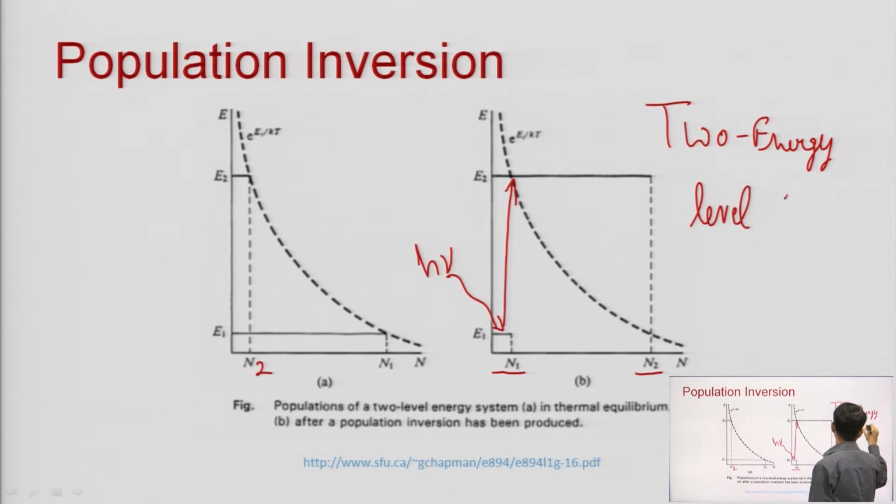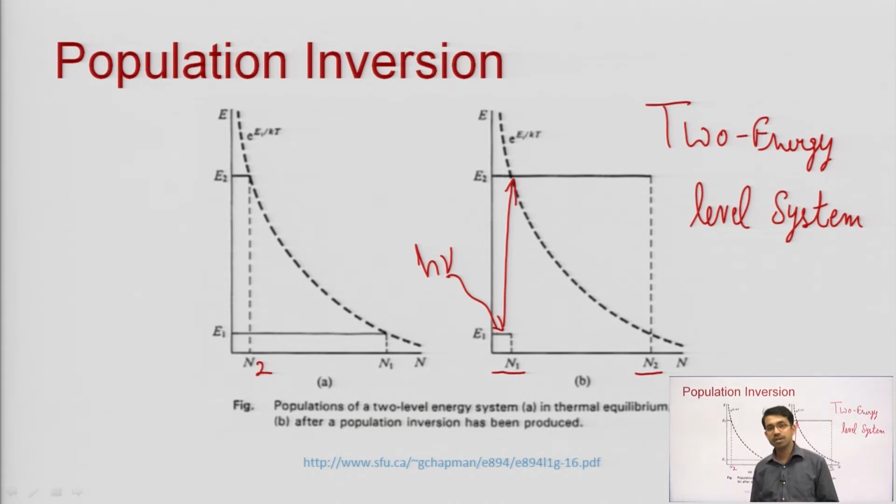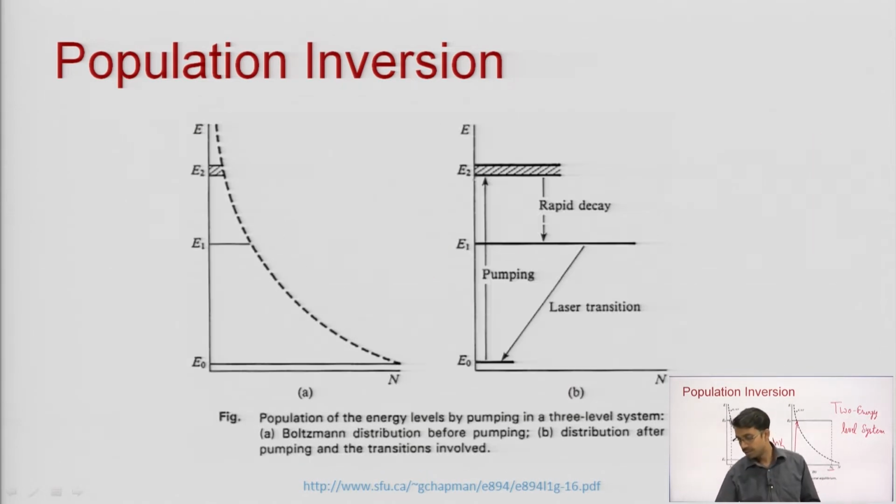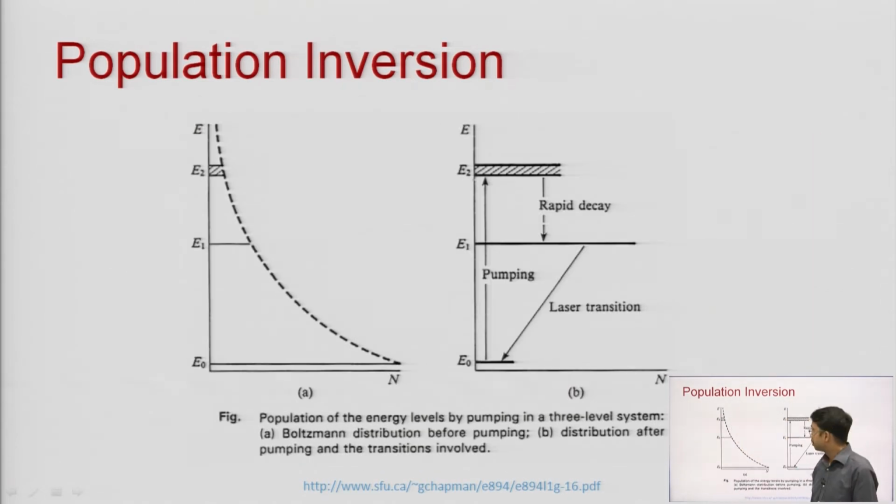This is less efficient, and if we use a 3 energy level system, it will give us more efficiency. So, this is a normal distribution for a 3 energy level system.